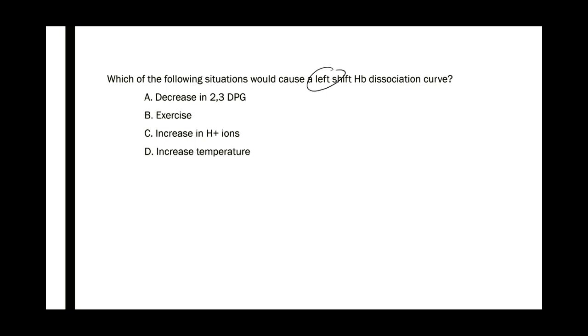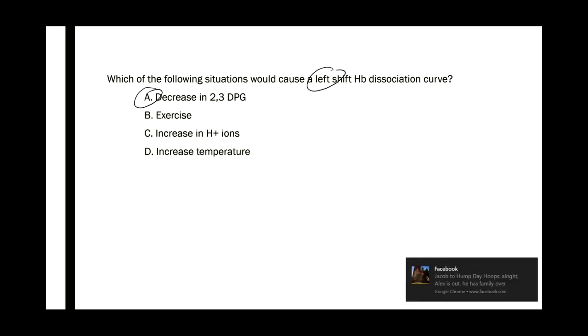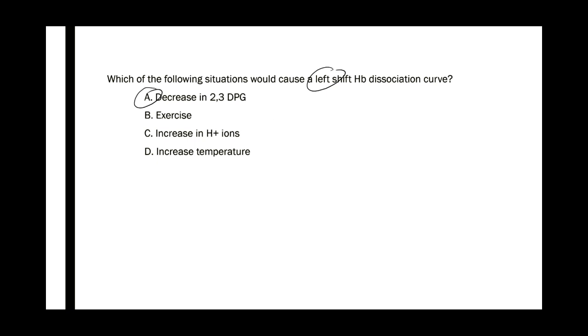Decrease in DPG. That's got to be right, because an increase in 2,3-DPG would cause a right shift. Exercise, right shift. Increase in age, right shift. And we'll see later, but this molecule is super important in the response to high altitude.